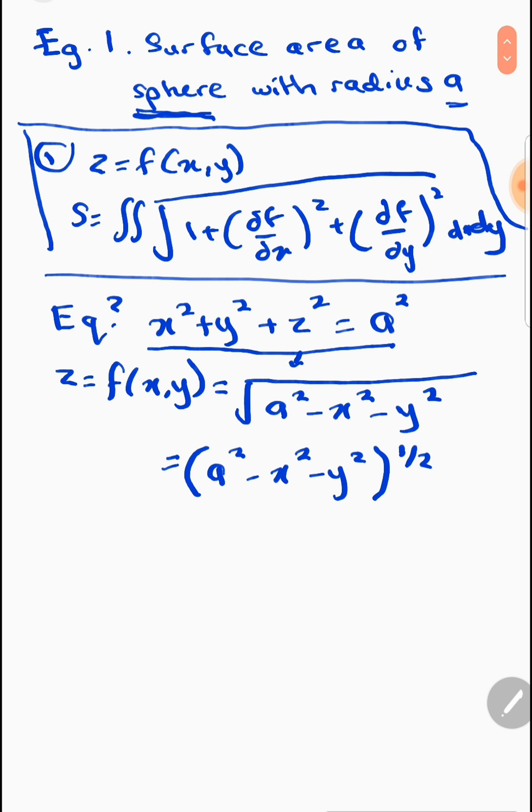So that is one. So next, what do we find? So recall that in this formula here, we actually need to find df over dx and df over dy. Alright, so let's start with the first term here, which is df over dx. Alright, so once I have got this, and this is actually my f of x and y, you just double check, alright, it is actually expressed in terms of x and y.